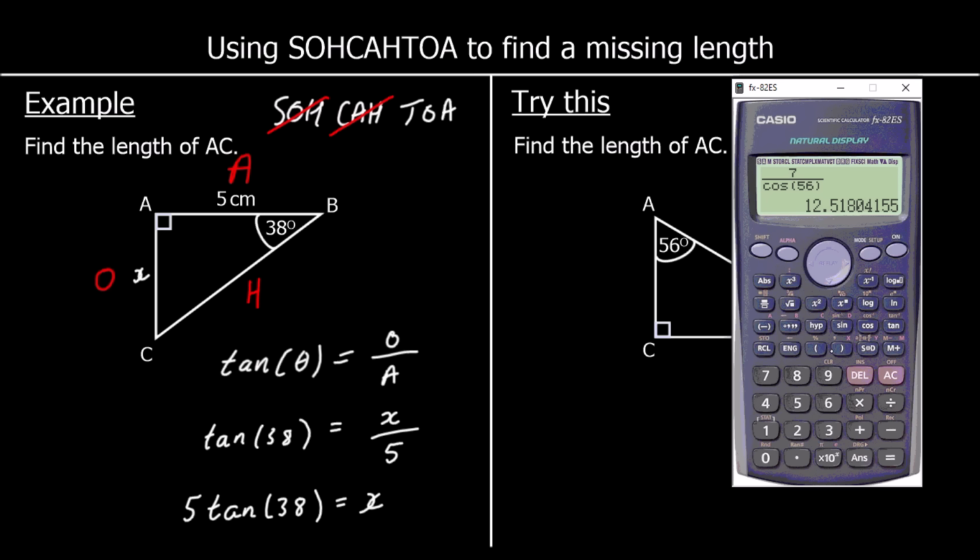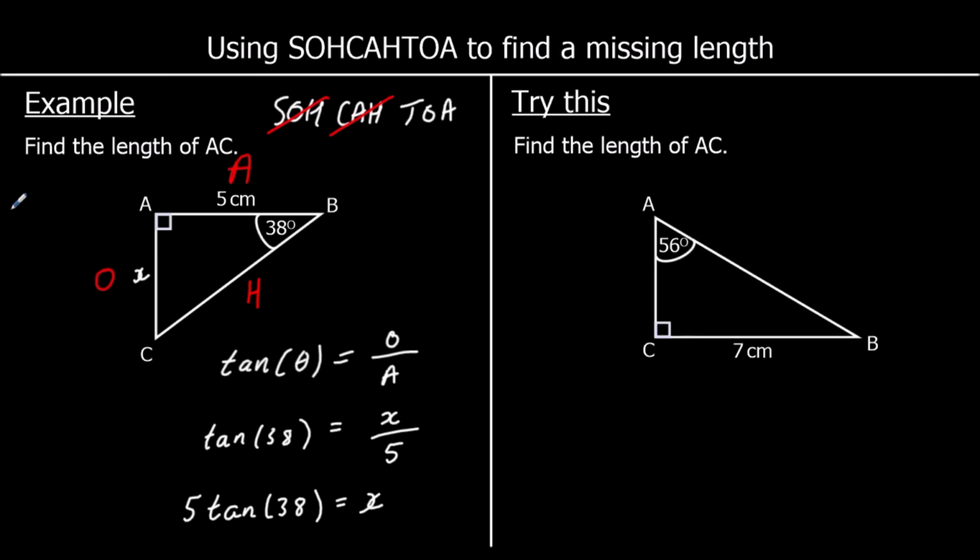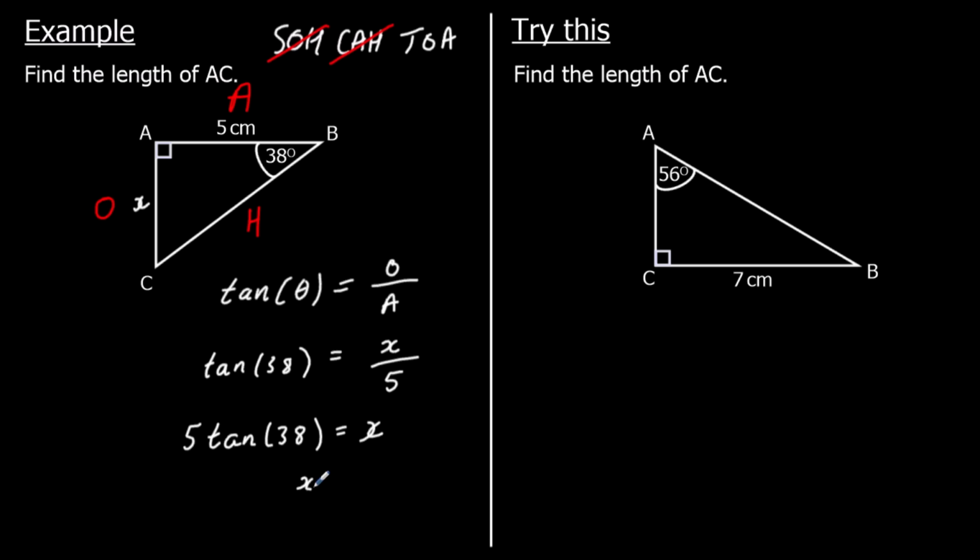So type that in the calculator. 5 times tan 38. And we get 3.91 to 2 decimal places. So x is 3.91 centimeters to 2 decimal places.